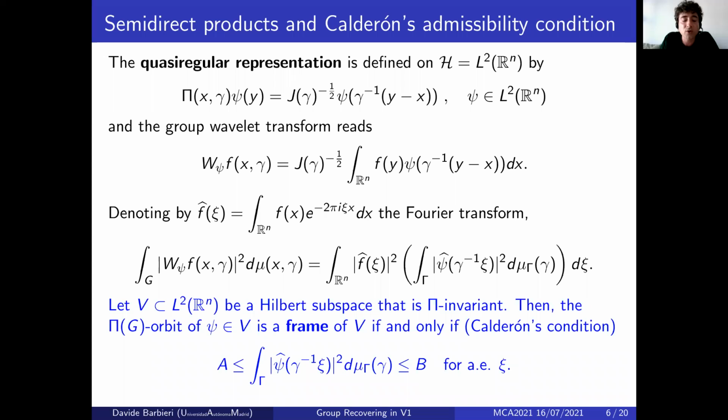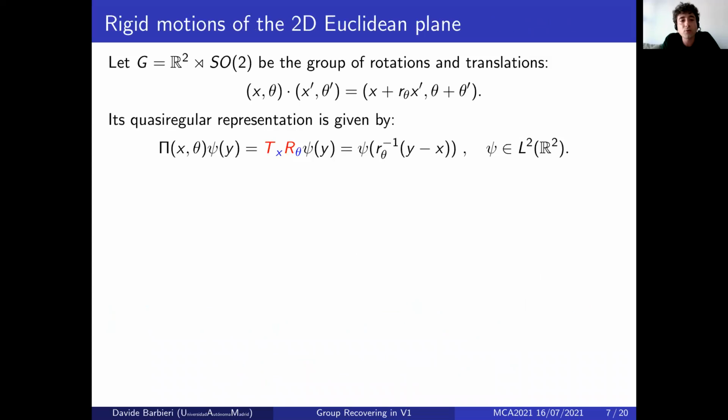Okay, so this condition for the group of translations and rotations that I've just mentioned, that we want to use for a model of the cells in V1, causes some kind of a problem, because it is well known that with just one orbit, so the family of functions obtained by all x and all theta for a given psi, you cannot obtain a frame of the whole L2 of R2.